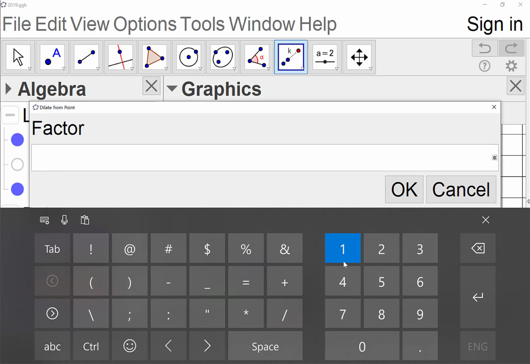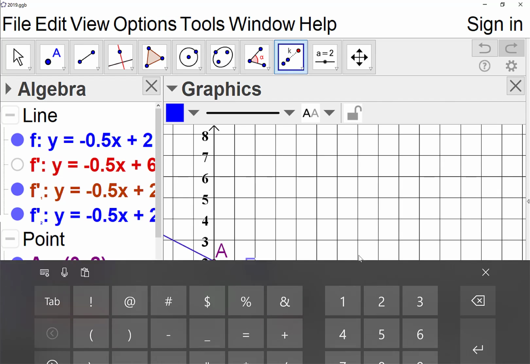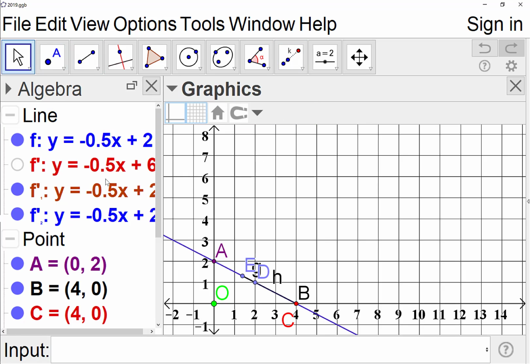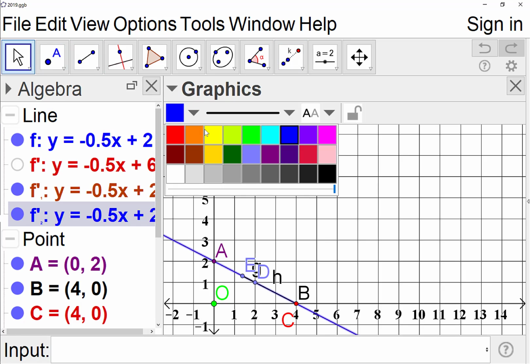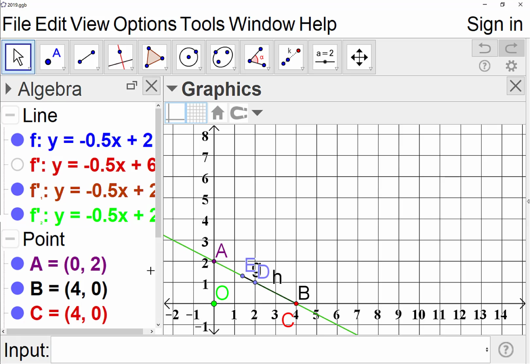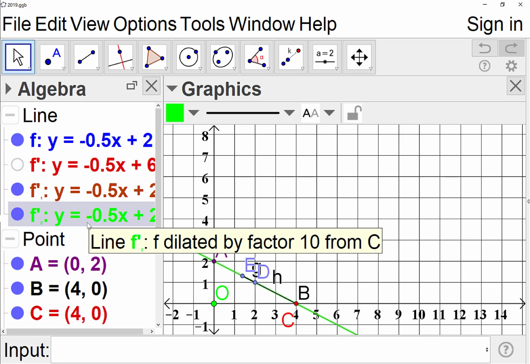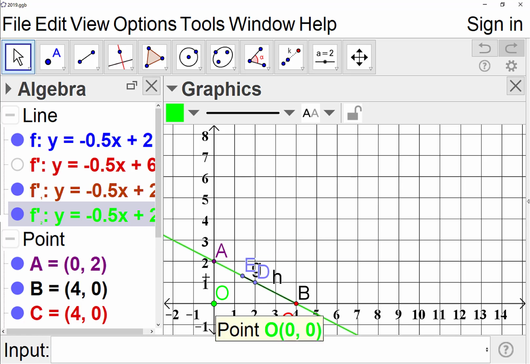I'll make it 1,000. I'll make it 10. And here is that new image, right here. I'm going to make it green this time. And you can see that even with a dilation of 10, that line is still on the original.